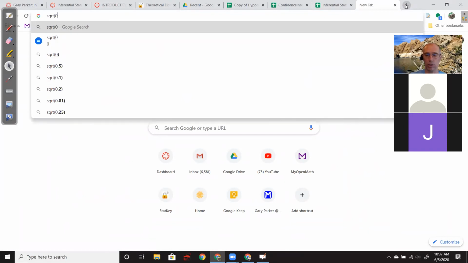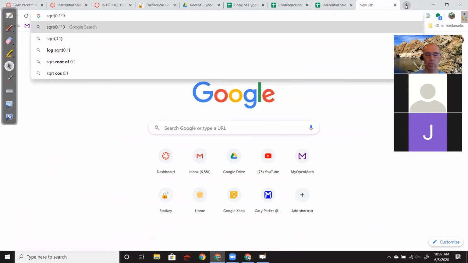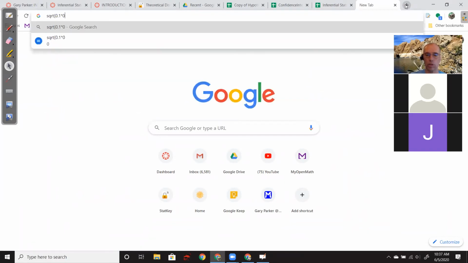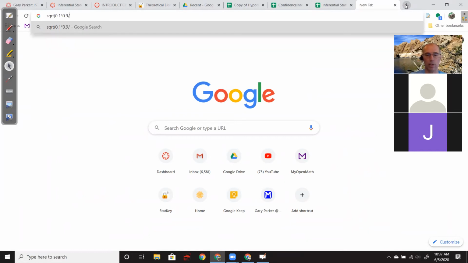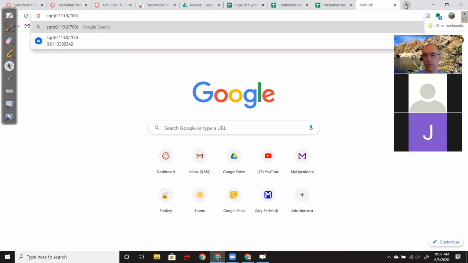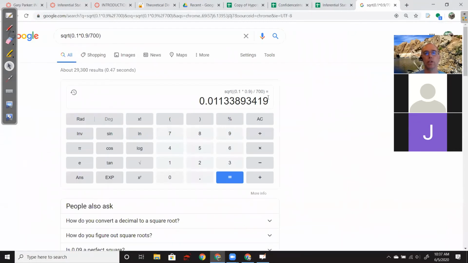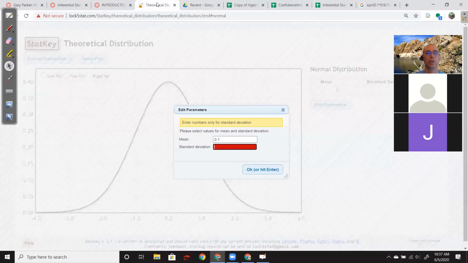So the square root of 10% times 90%, divided by 700 is the formula for the standard error of proportion. So I'm just going to copy that and stick it in StatKey. It's one nice thing about the Google calculator or a spreadsheet. You can just copy numbers from one place and stick them somewhere else. So that goes here.